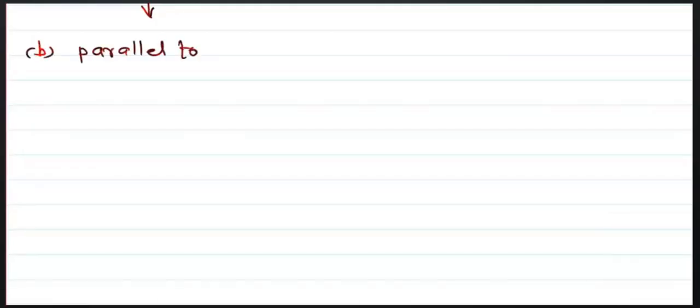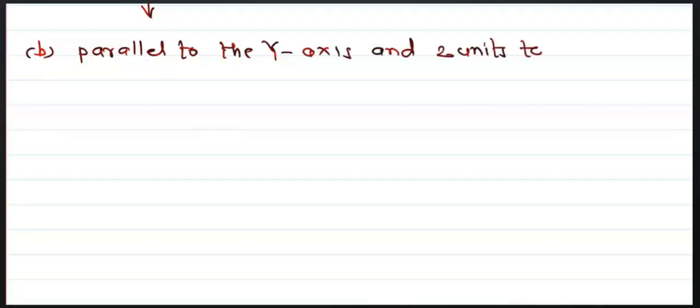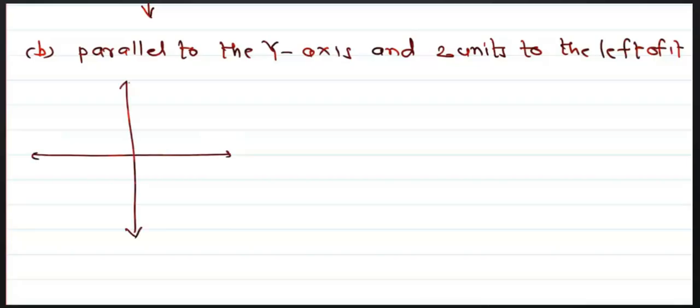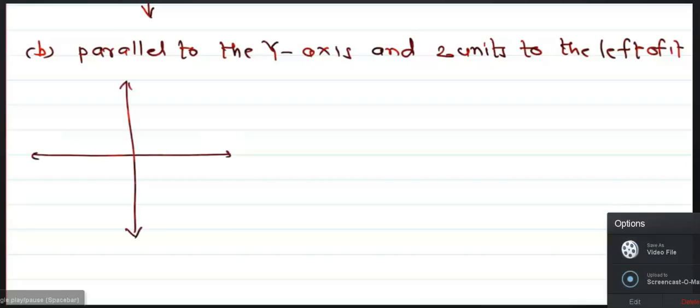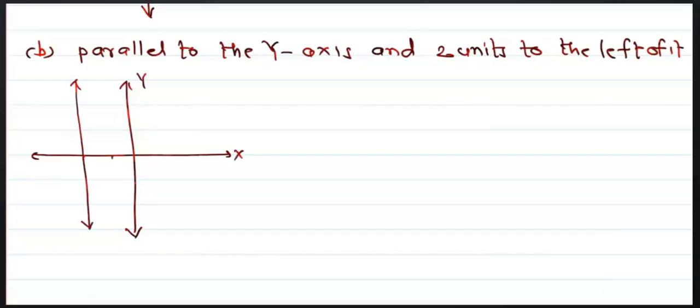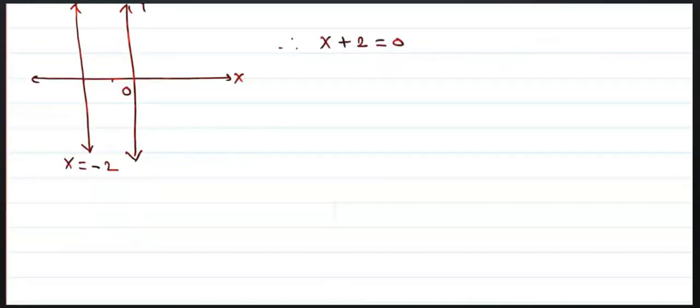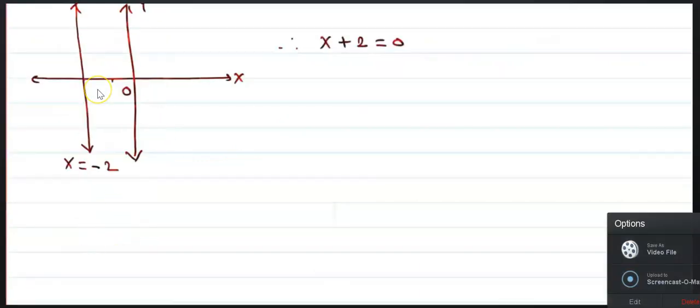B, parallel to the y-axis and 2 units to the left of it. This is the line which is parallel to the y-axis at a distance of 2 units to the left of it. Therefore its equation is x is equal to minus 2.